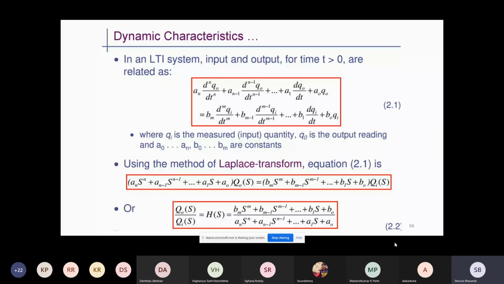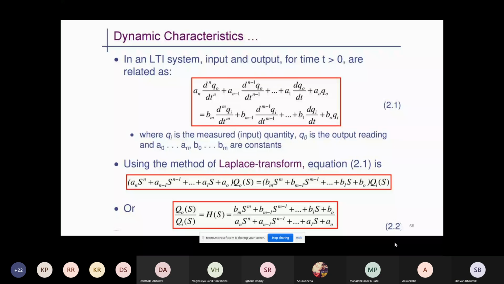And what is Q0? Q0 is the measured output and Qi is the input. Q0 is a function of time. They did not write it, so we should write Q0 as a function of t, and then we take the derivative.